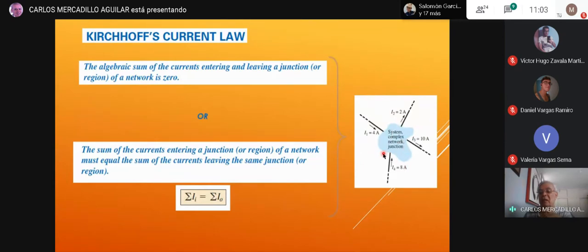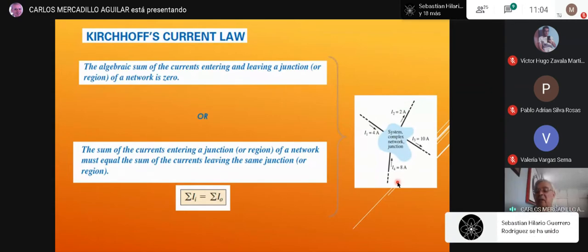For example, let's analyze this region. Let's make the input current sum. Which are the input? ¿Quién me puede decir quiénes son las corrientes de entrada a esta región?